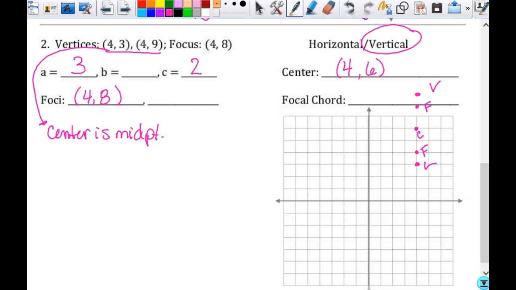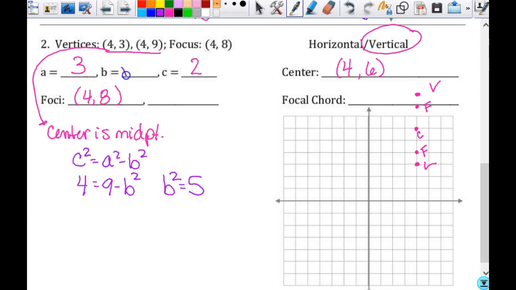I need B. How do I find that? The little equation here. So C squared equals A squared minus B squared. So this is going to give me 4 equals 9 minus B squared. So B squared equals what? 5.